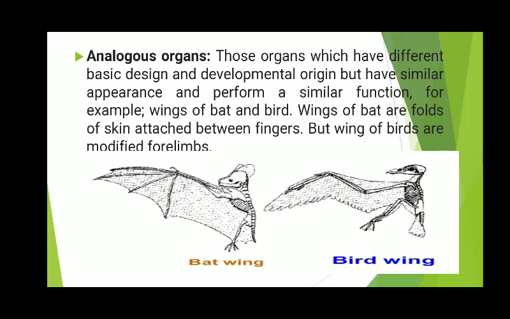For example, there are many organs in different groups of animals which seem to be built from different basic structures but appear similar in shape and perform similar functions. For example, wings of an insect and a bird. They have different structure, but they perform the same function of flying.